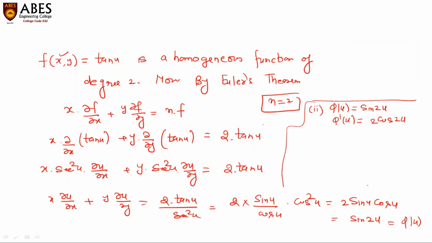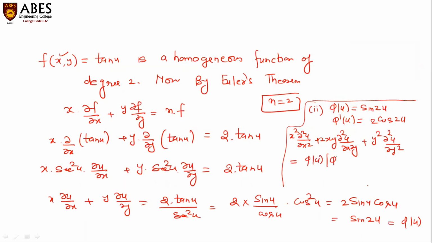Now applying the deduction of Euler's theorem, what we'll get, x square del 2u del x2 plus 2xy del 2u del x del y plus y square del 2u del y2 equal to phi u into phi dash u minus 1.